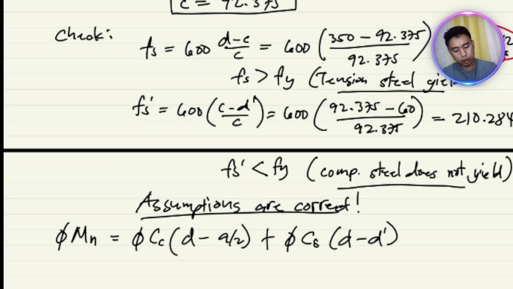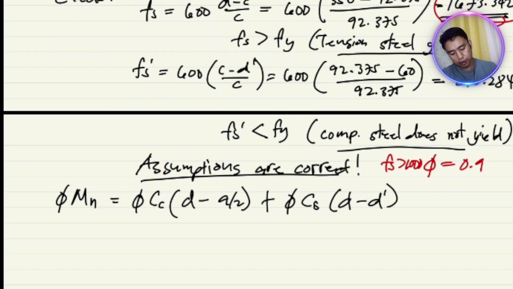So kung tension control, ang phi natin is equal to, kasi nga Fs is greater than 1,000, so ang phi natin is equal to 0.9. Okay? So in our calculation here, this is 0.9.